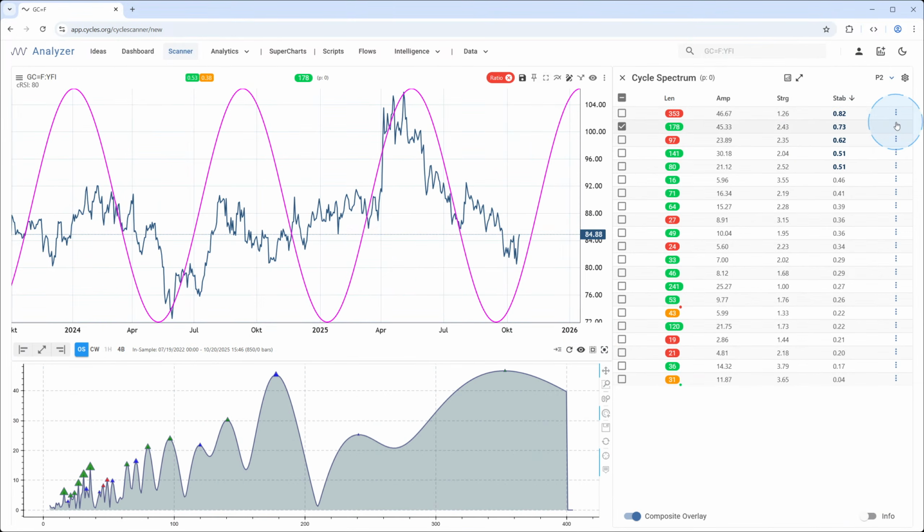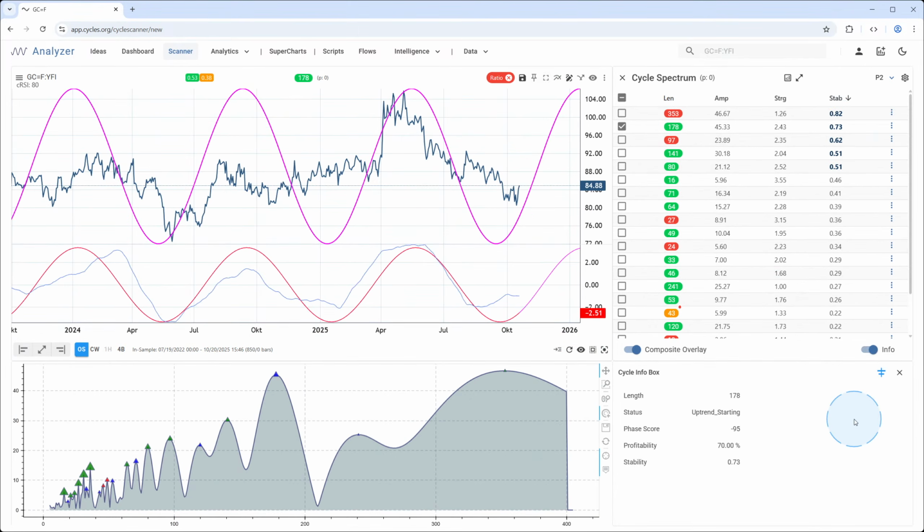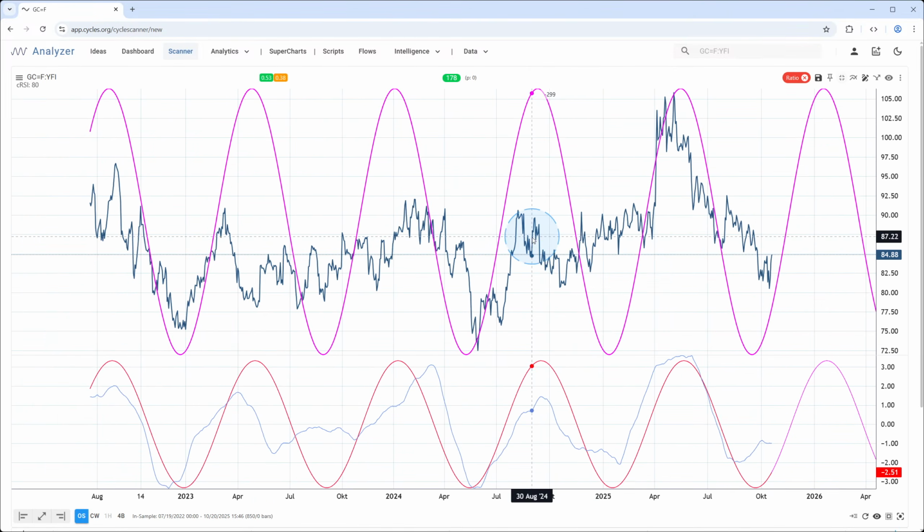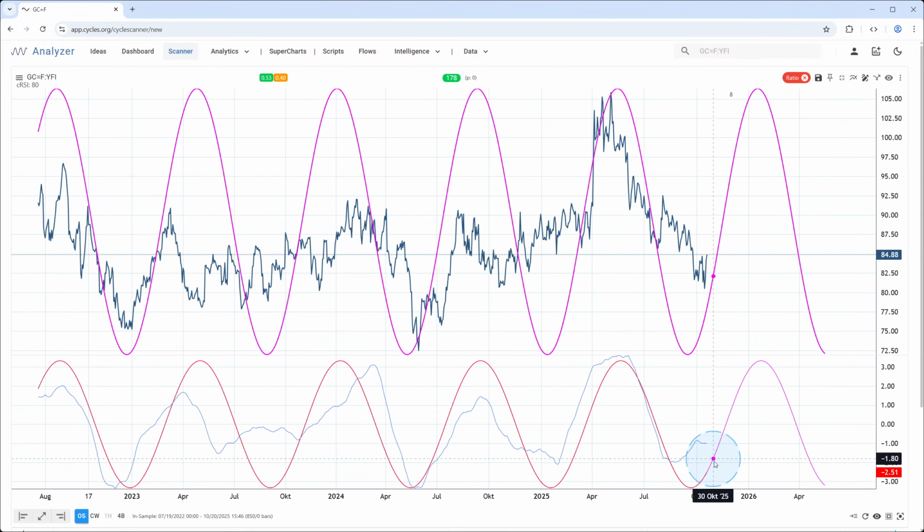So let's roll in our stability scoring here, and again, you see a very, very nice and high correlation between the blue, so the real cyclic rhythm of the gold to silver ratio, and the theoretical static cycle with a length of 178 days.